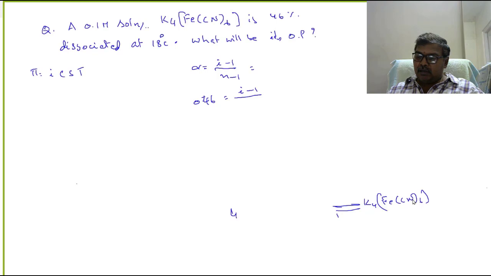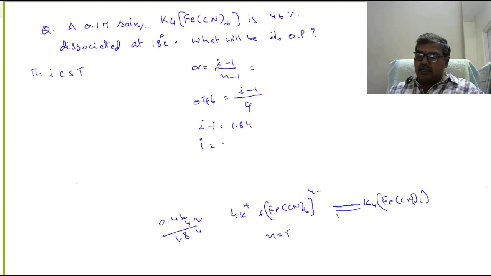K4FeCN6 ionized as 4K plus and FeCN6 4 minus, right? So therefore n is equal to 5. So 5 minus 1 equal to 4. So i minus 1 equal to 0.46 into 4, 1.84. So i is equal to 2.84. This is Van't Hoff factor value.